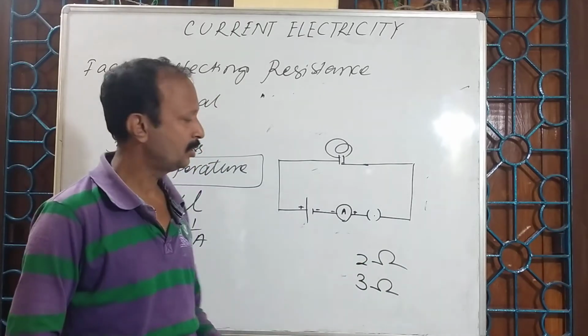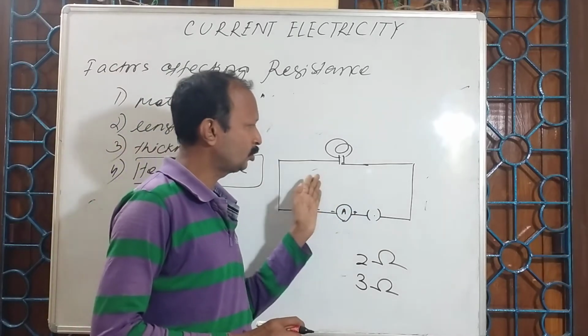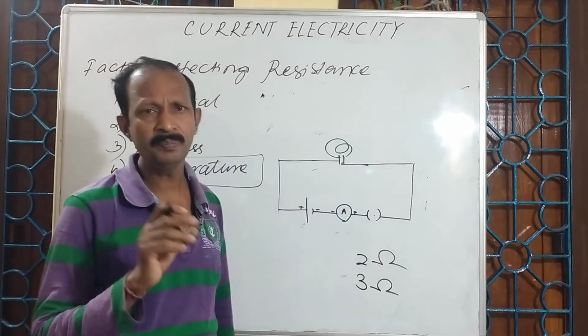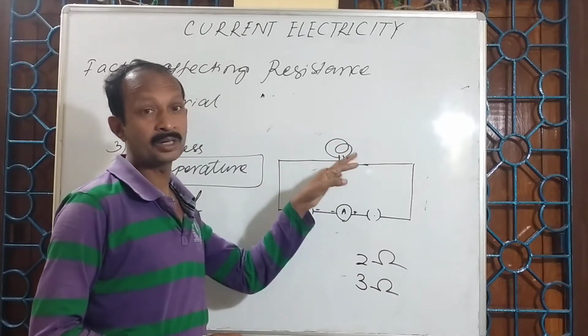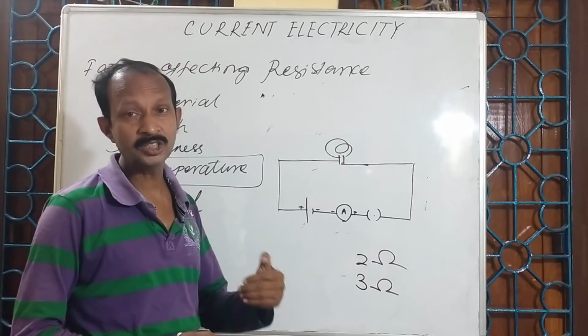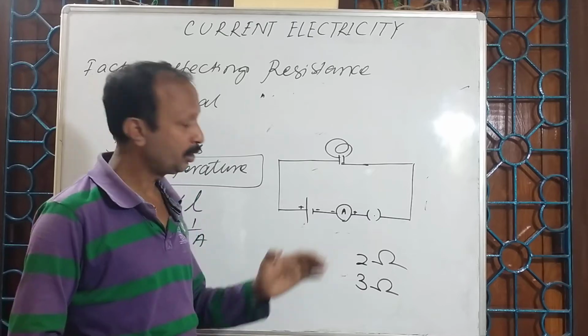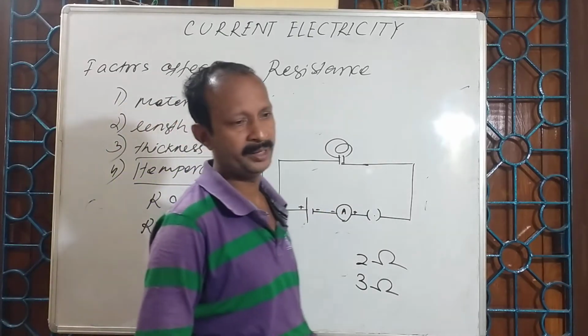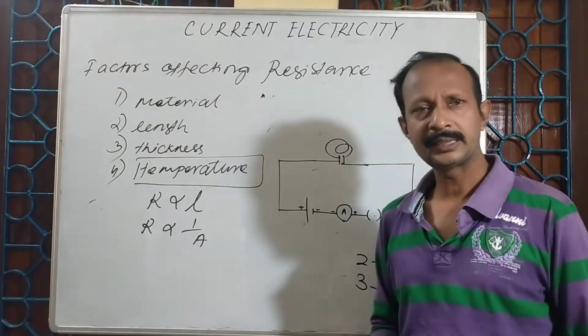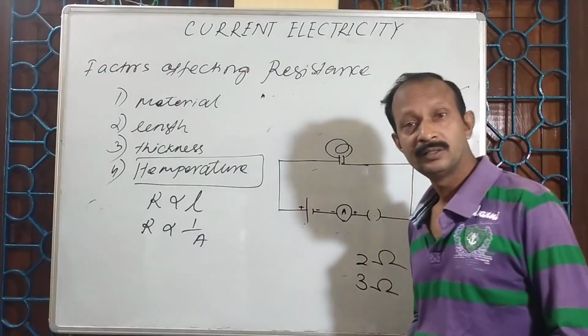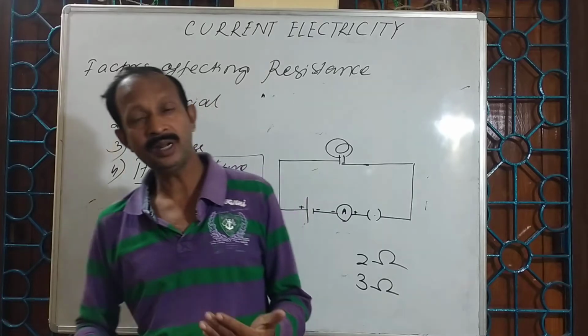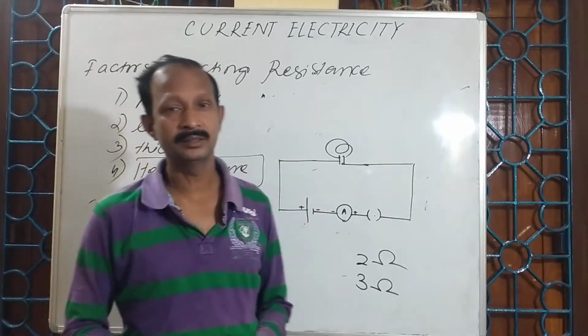The thing is that when we allow the current to flow through it for a certain period, the filament gets hot. The temperature of the filament increased. Due to the increase in temperature of the filament, we found that its resistance increased. Then what will we analyze?